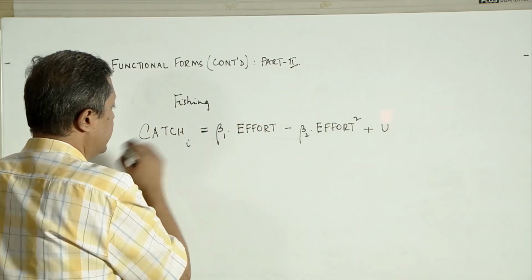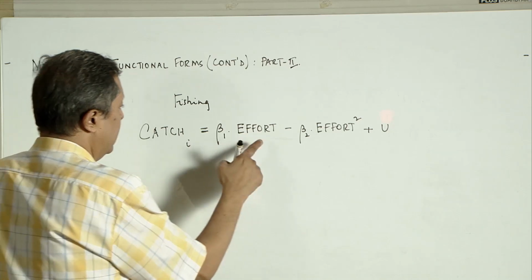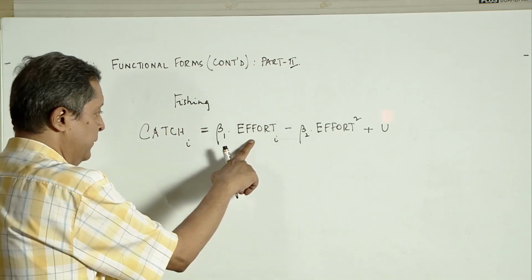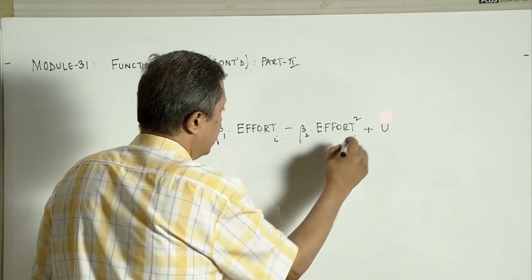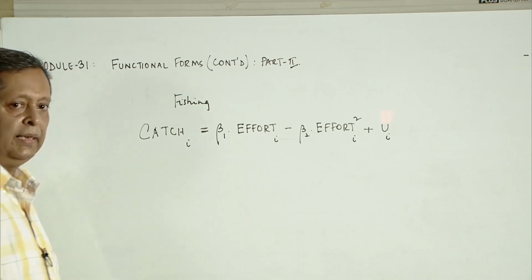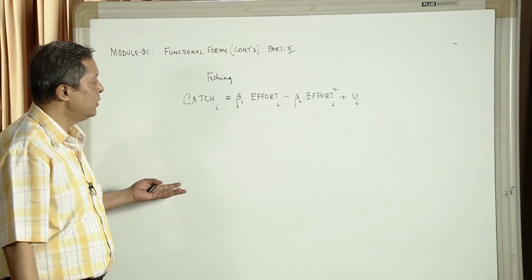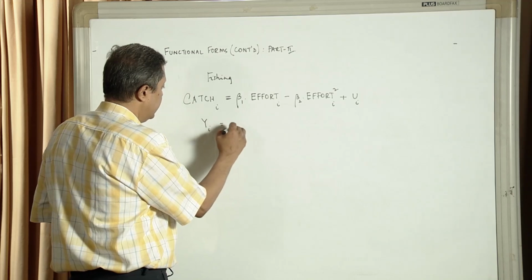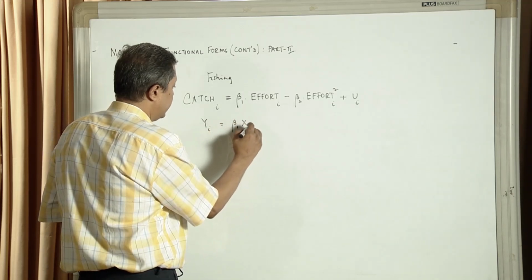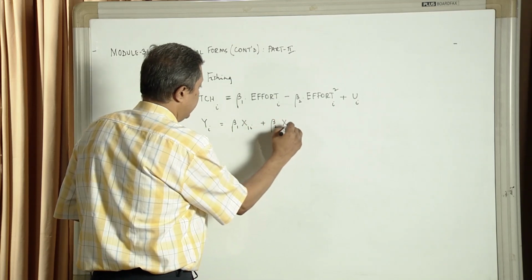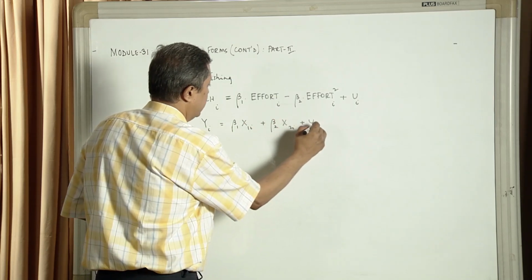So, the ith observation of the catch is explained by the ith observation of the effort, the ith observation of the square of the effort, and ui. Needless to say, by now all students will have understood that this is like saying yi is equal to beta 1 x 1i plus beta 2 x 2i plus ui.